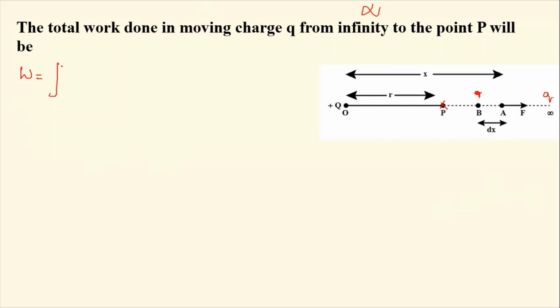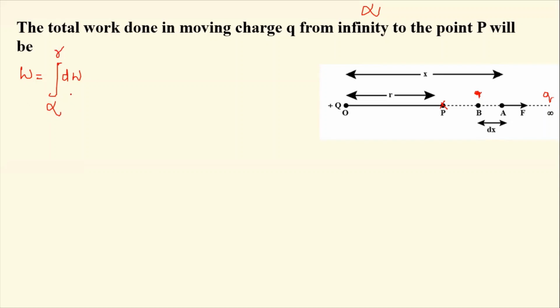Divide into an equal number of subdivisions and integrate so that you get the total sum. So integration between infinity and the point P. Now this point P is at a distance of R from the origin, so the upper limit will be R. The lower limit will be infinity.